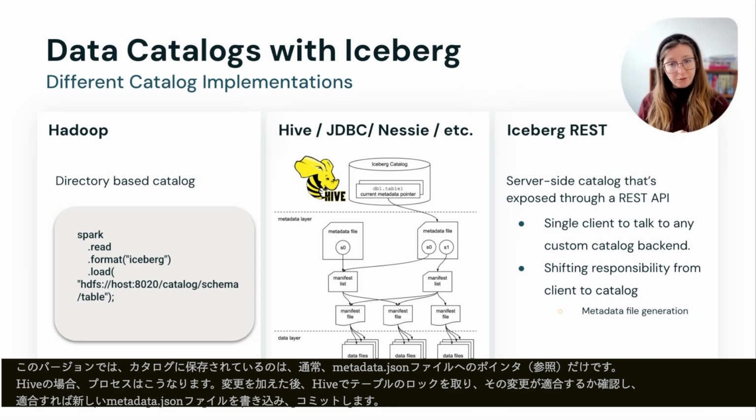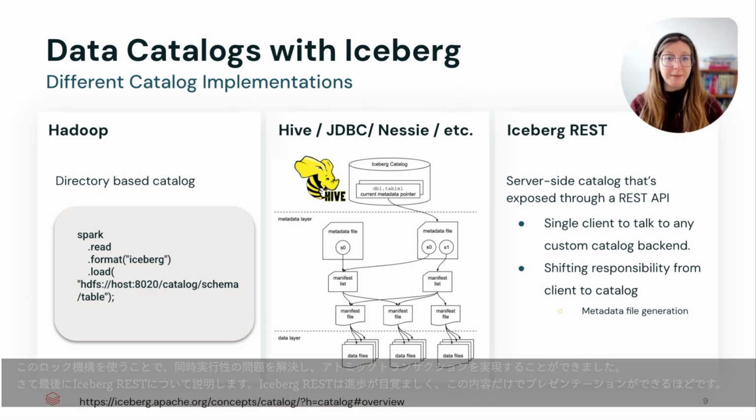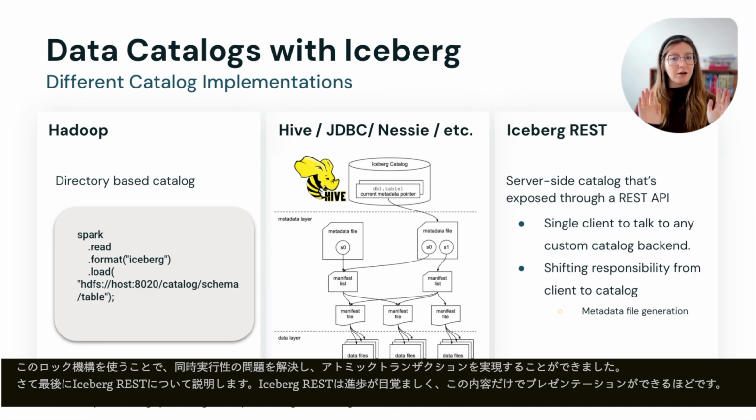I go to Hive, I ask for the Hive lock for the table. I grab the lock, see if my changes are compatible. If they are, I write the new metadata.json file and commit it to the table and release the lock. So through this locking mechanism, we were able to resolve concurrency problems and have atomic transactions.